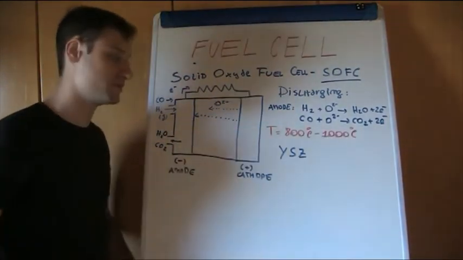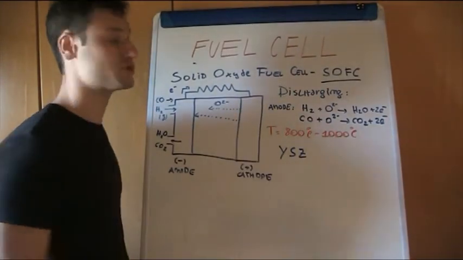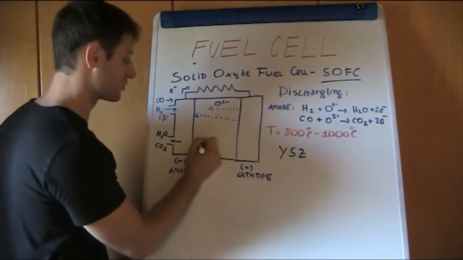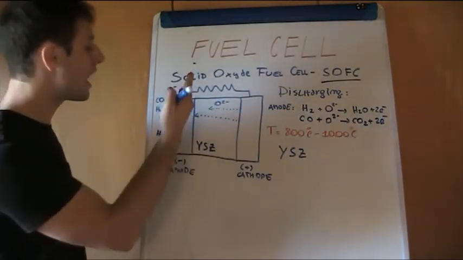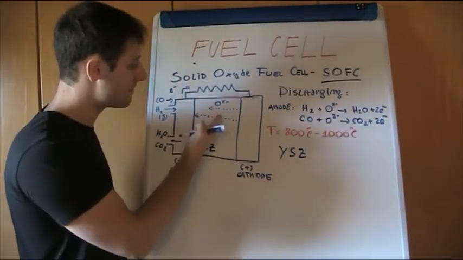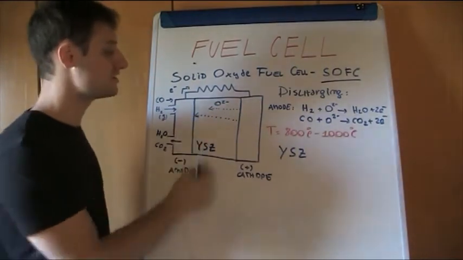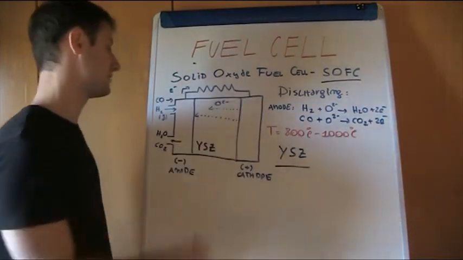Why these types of species? Why yttria stabilized zirconia? Because yttria stabilized zirconia is also the composition of our electrolyte. Our oxide, our solid ceramic material, our solid electrolyte is composed of yttria stabilized zirconia.